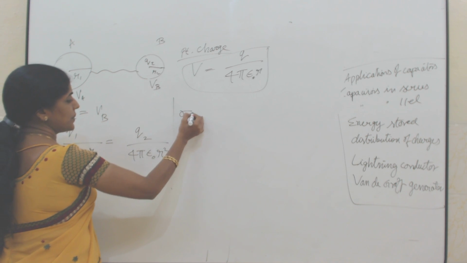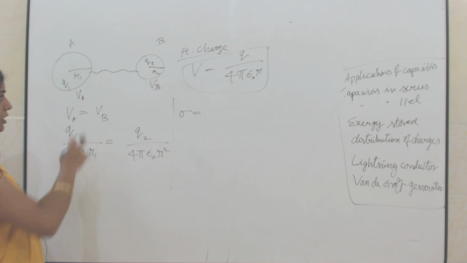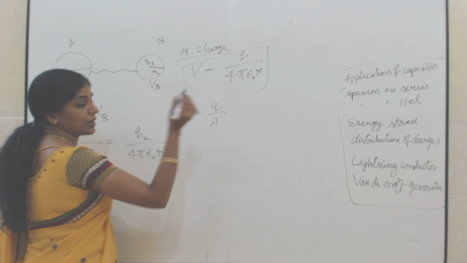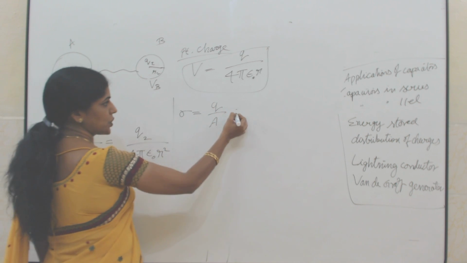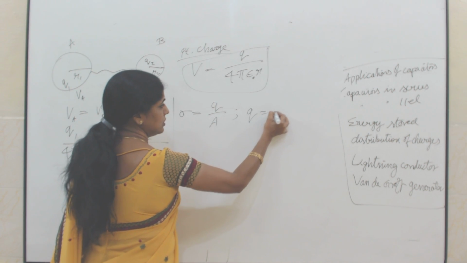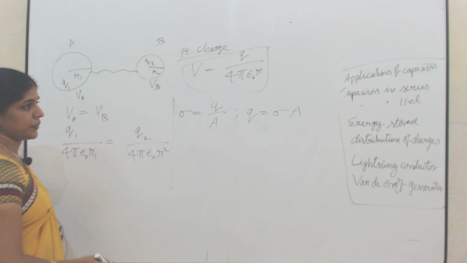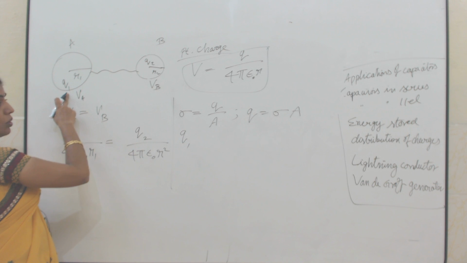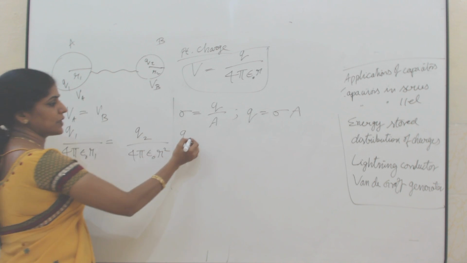Let sigma be the surface charge density of these two spheres. What is sigma? Charge per unit area. From this, what is Q? Q equal to sigma A. I can also find out the charge stored in these two spheres by this formula.